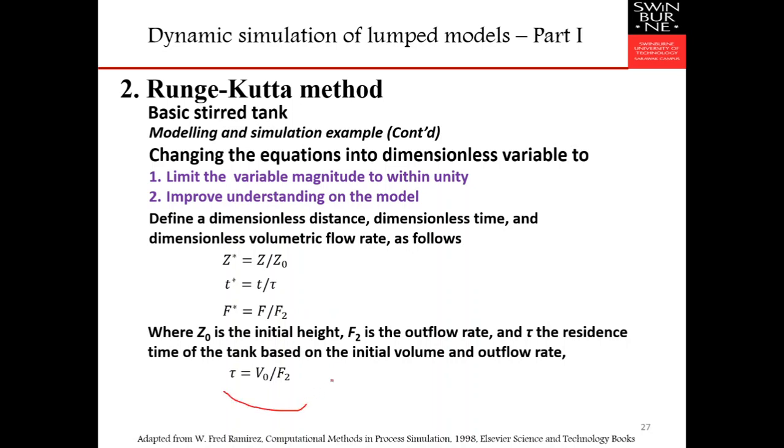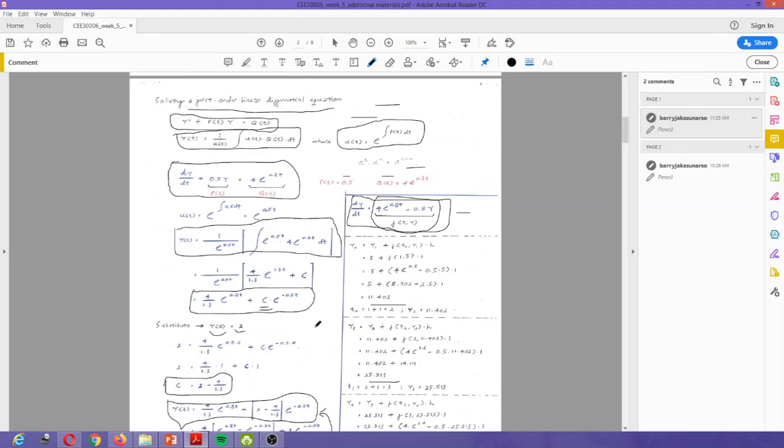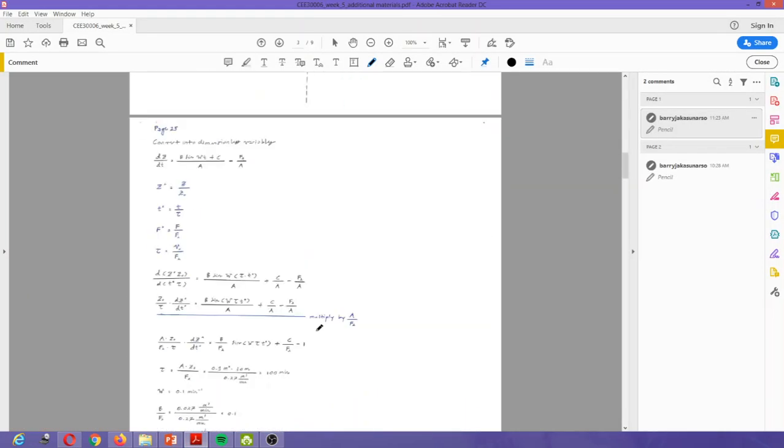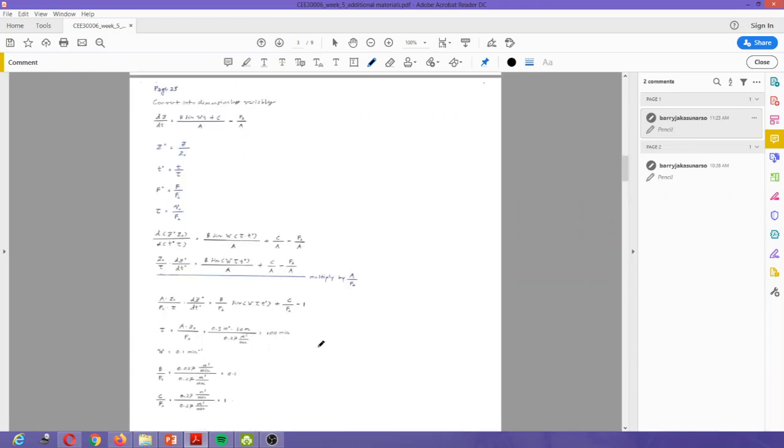The details of how to derive these are given in my additional materials. In the additional materials, you go to page 3, where you can convert into the dimensionless variables, and then see what happens with the simplified differential equations as well.